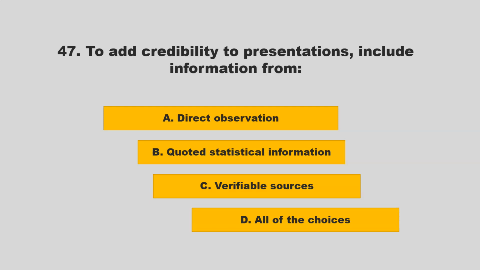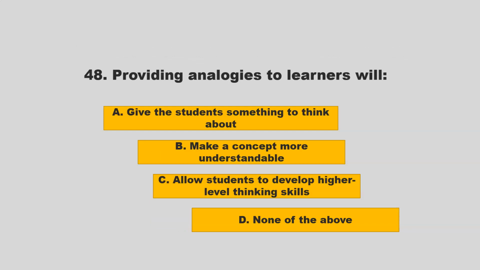To add credibility to presentations, include information from direct observation, quoted statistical information, verifiable sources, all of the choices. If you chose D, all of the choices, you are correct.